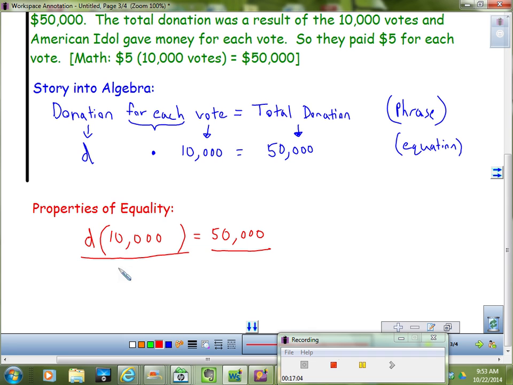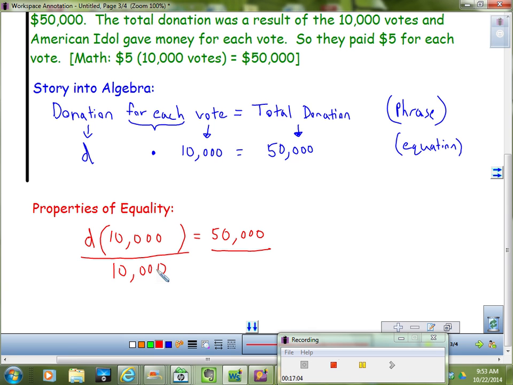If I divide 10,000 by 50,000, will that get me 1? No. What do I need to divide 10,000 by to get down to 1 vote? 10,000. I have to divide by the exact same thing. That's why you use that number, because you're trying to find out how much one donation is.